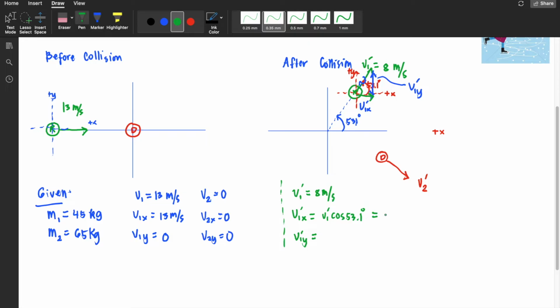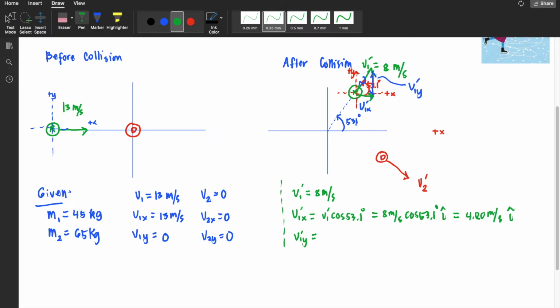The magnitude is 8, so you'll have 8 cosine 53.1 degrees i hat. The answer will be 4.80 meters per second i hat.